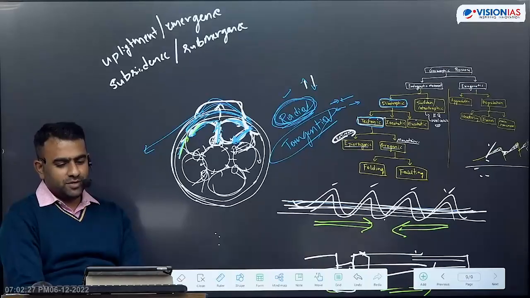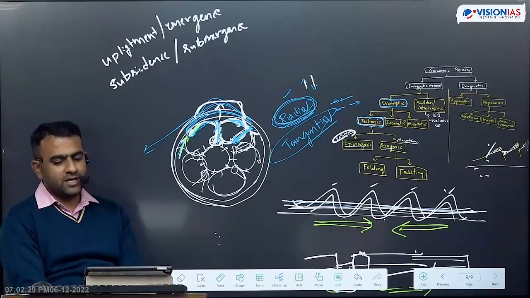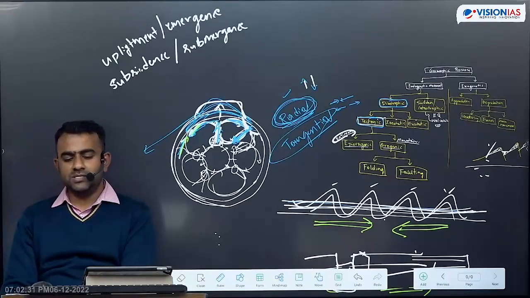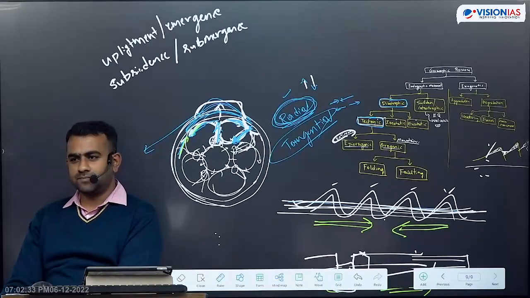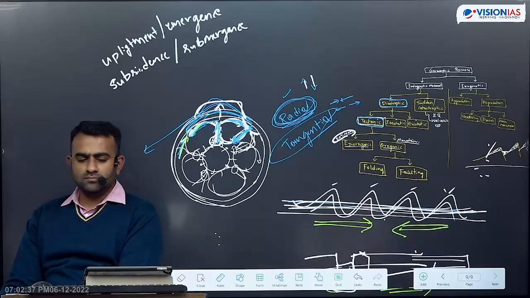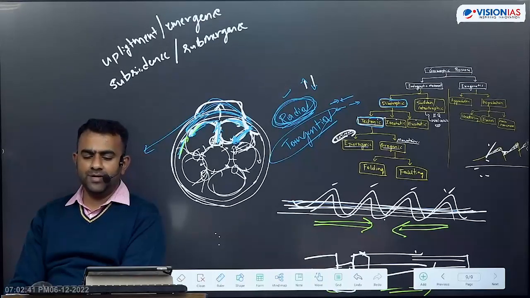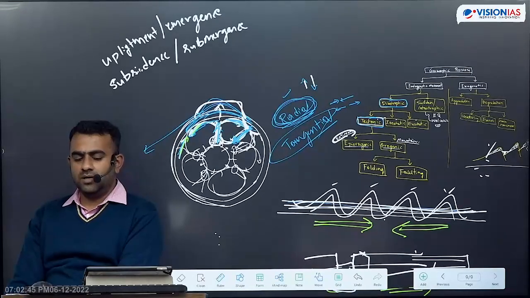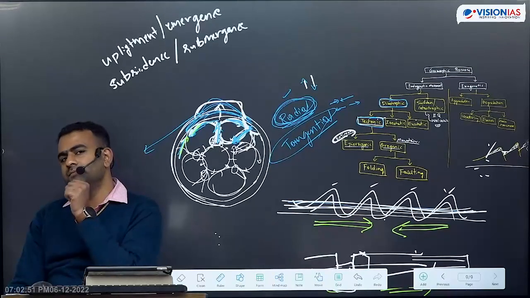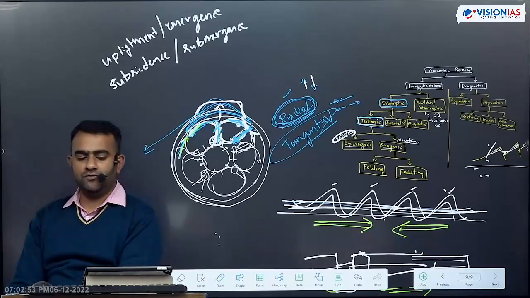ठीक है, नेक्स्ट पॉइंट, फर्स्ट पॉइंट, ओरोजेनिक मूवमेंट्स. These are mountain building movements caused by tangential forces.